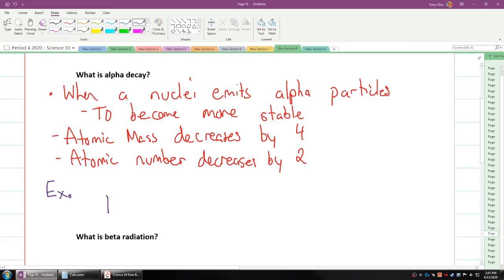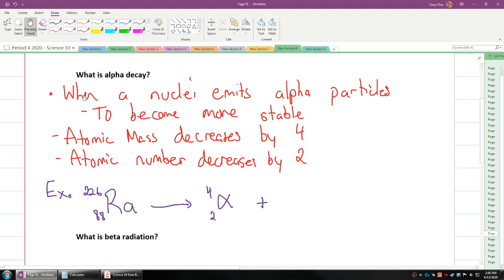Radium-226 is radioactive. So how do we write this? Radium-226 is radioactive. Now it's going to undergo alpha decay, which means it spits out an alpha particle. What would the resulting nuclei become?